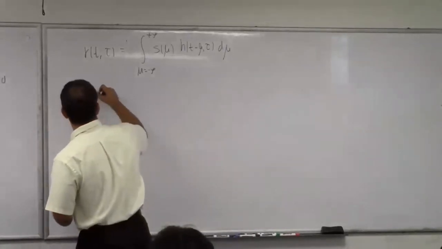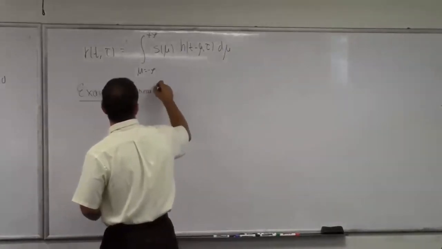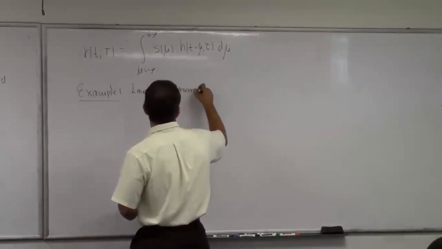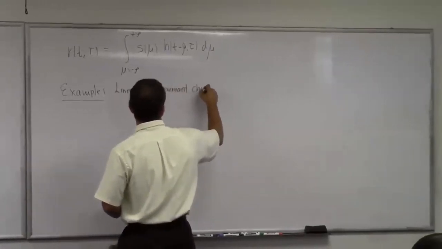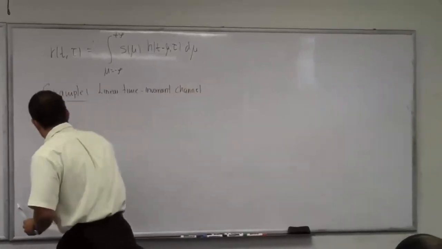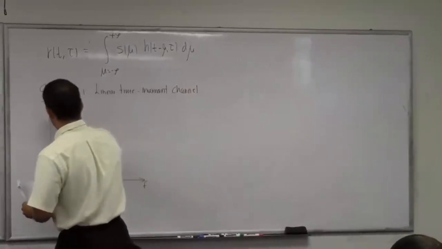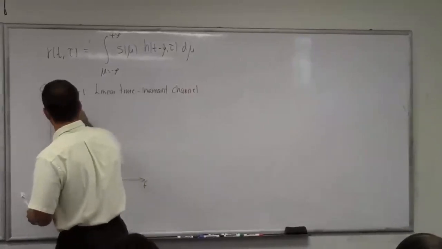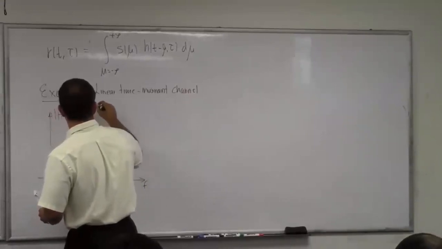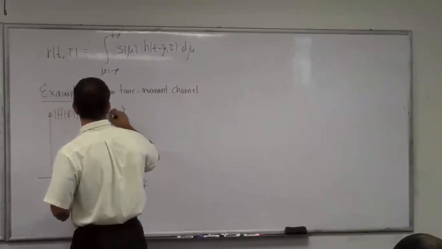Example 1, this is a linear time invariant channel. The most common linear time invariant channels have transfer characteristics, which is your H of omega, which you know is the Fourier transform of H of t.